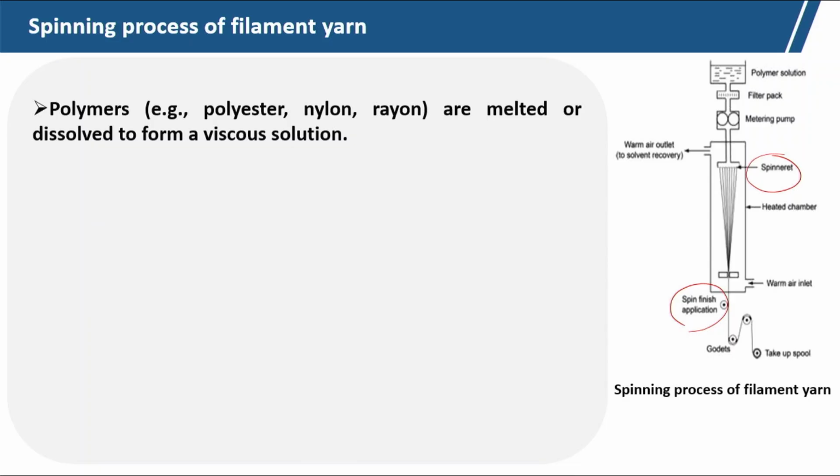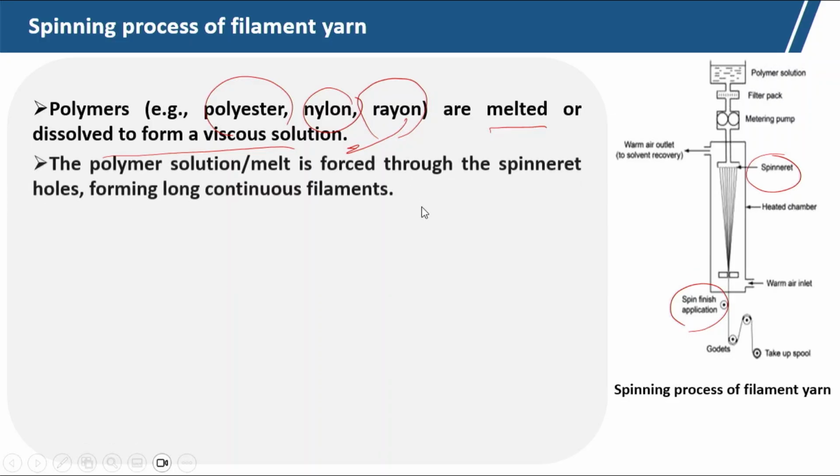Different types of polymers can be spun, like polyester, nylon and rayon. Polymers like polyester and nylon are melted, or they are dissolved to form a viscous solution, like rayon.